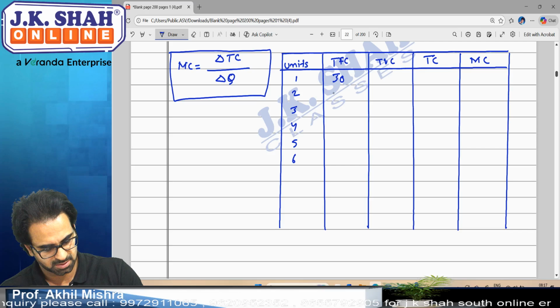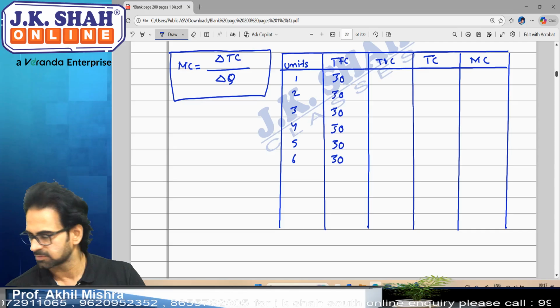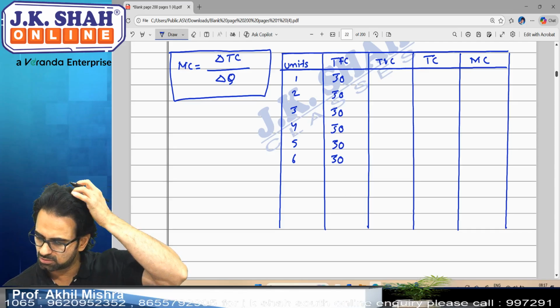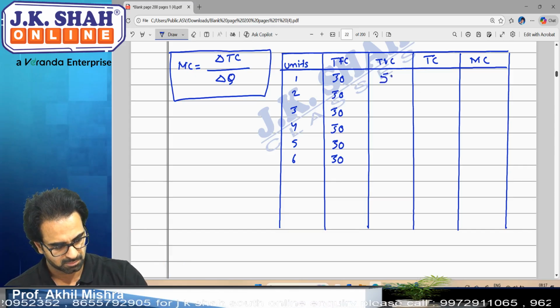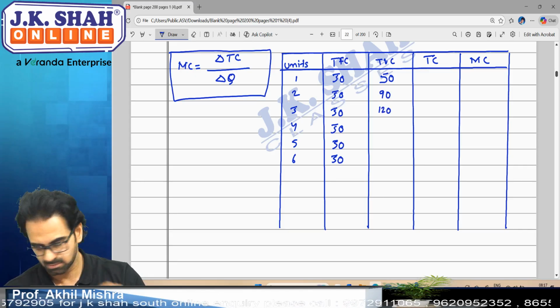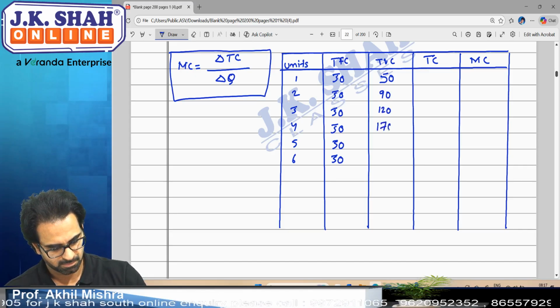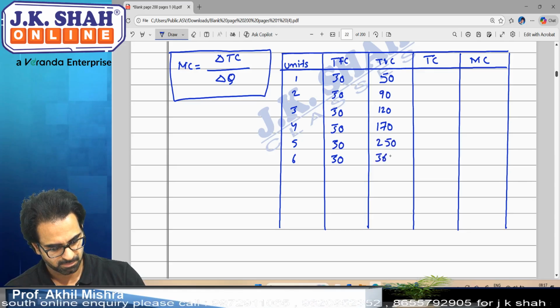Fixed cost will be fixed irrespective of output. Fixed cost does not change in the short run. TVC, total variable cost, $360.